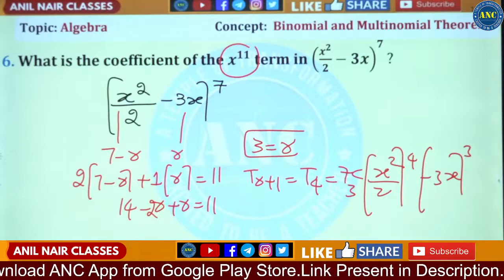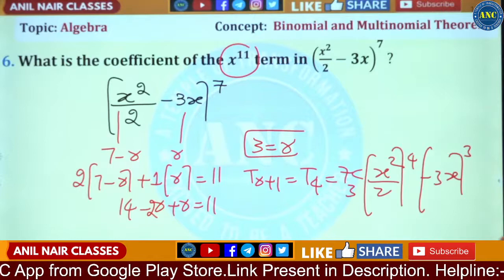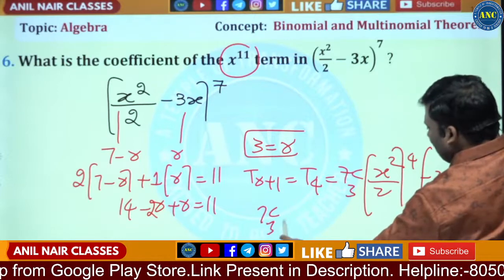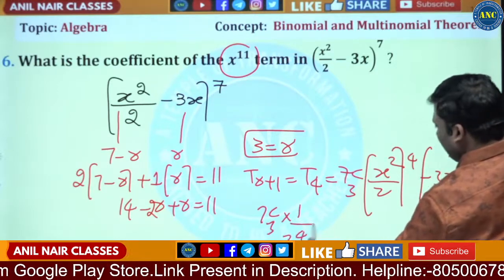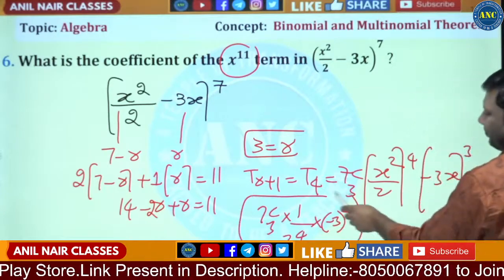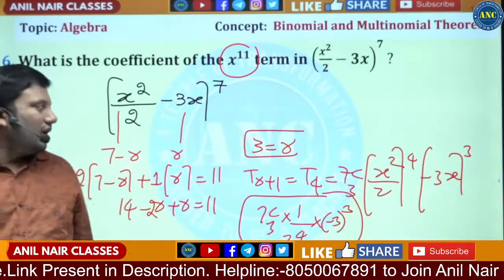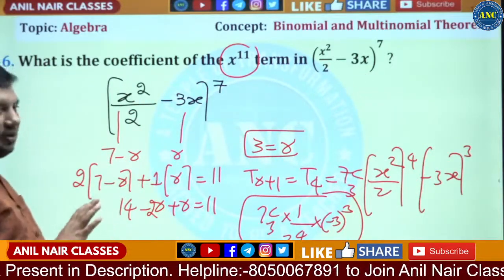If you observe, 4 2s are 8, 8 plus 3, 11. So whatever the answer that you get, 7C3 into 1 by 2 power 4 into minus 3 cube. This will be the answer.